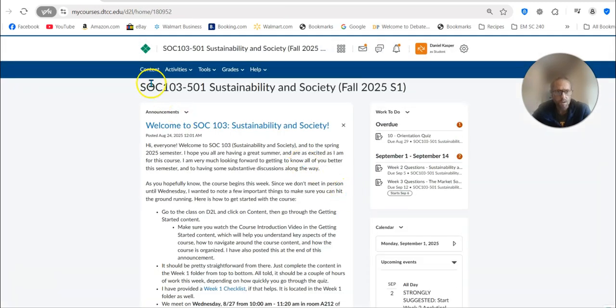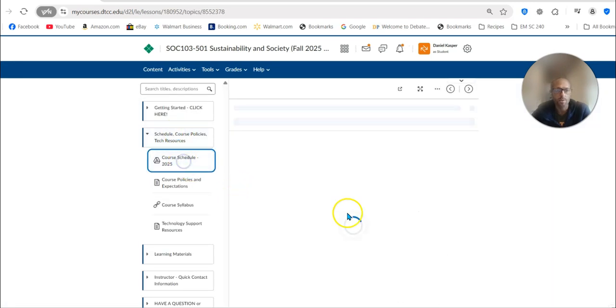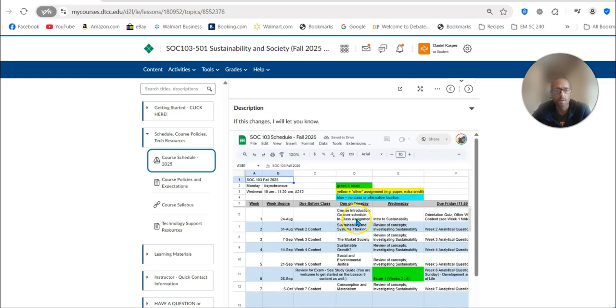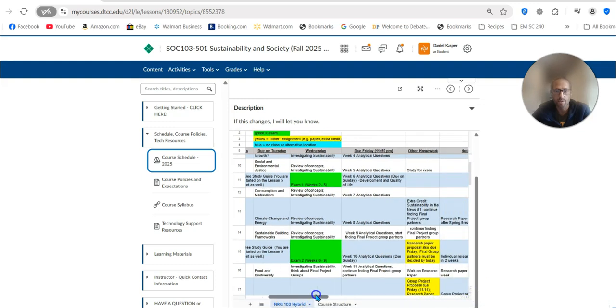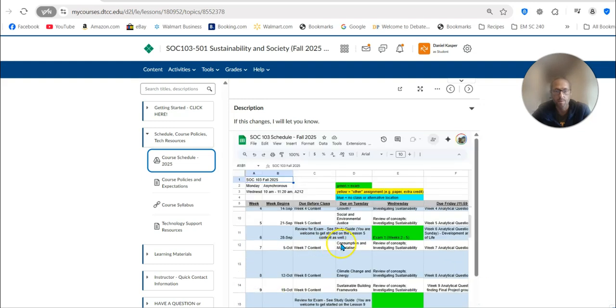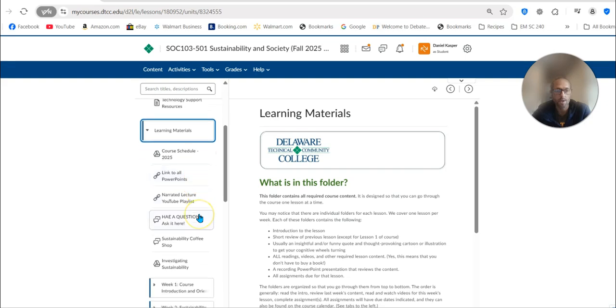All right, so let's go into the content here. Just a couple of reminders. Remember that you can click on the course schedule. This is your week-to-week schedule, and remember that there is a little bit on the right-hand side here, so you can slide over to see the other columns. The learning materials folder is where you spend almost all your time this semester.